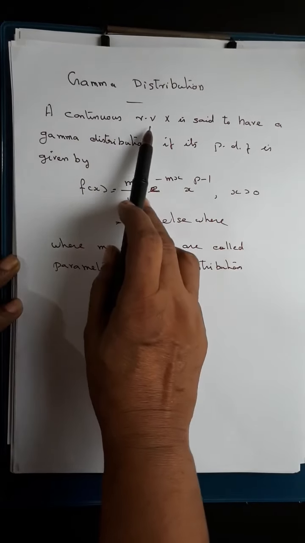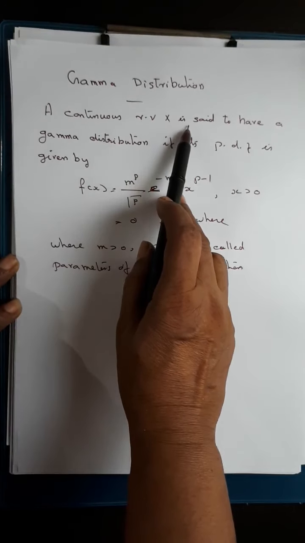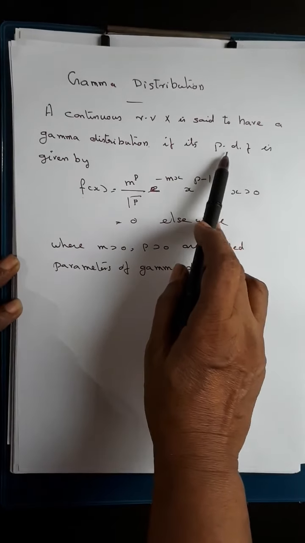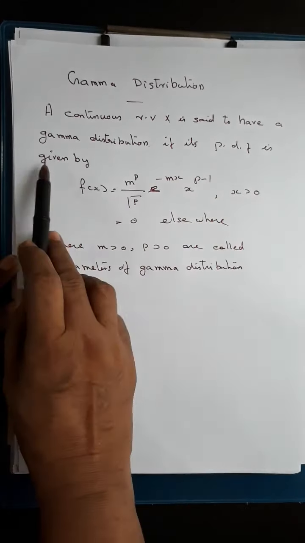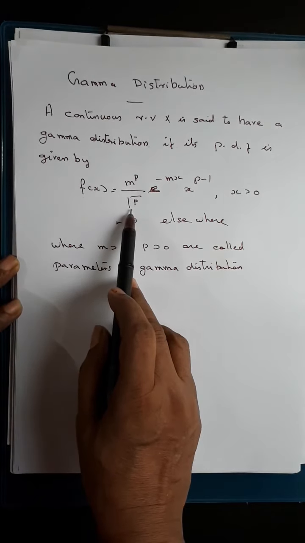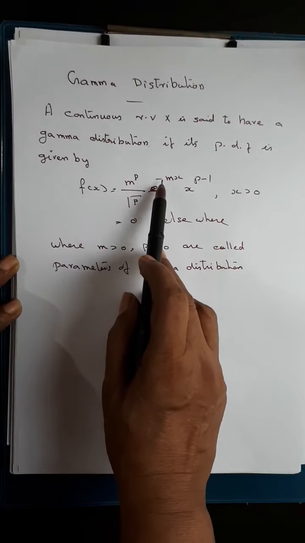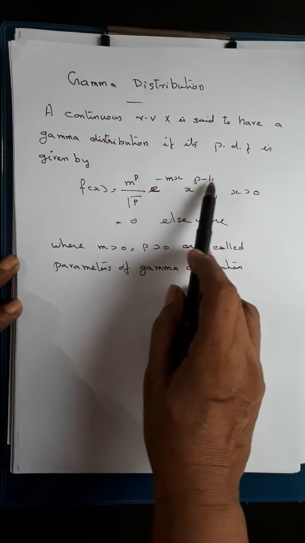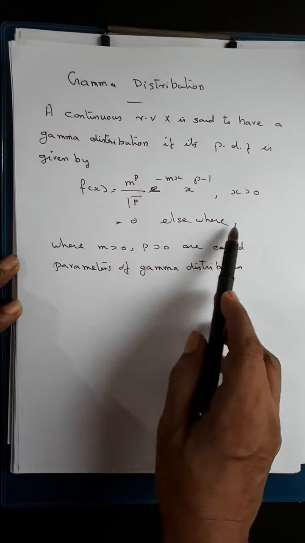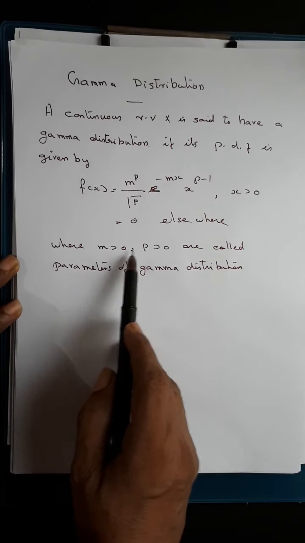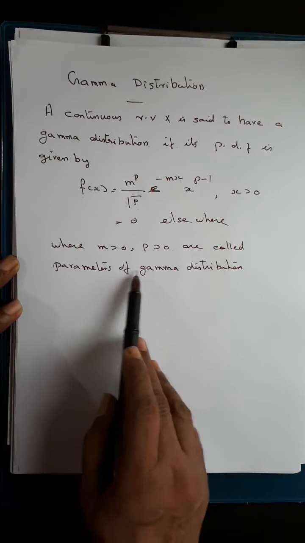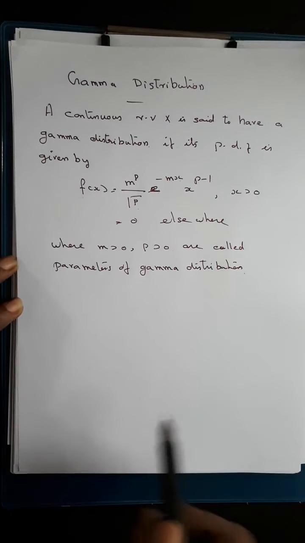A continuous random variable X is said to have a gamma distribution if its PDF, probability density function, is given by f of x equal to m raised to p divided by gamma p e raised to minus mx x raised to p minus 1 for all x greater than 0, equal to 0 elsewhere, where m greater than 0, p greater than 0 are called parameters of gamma distribution.